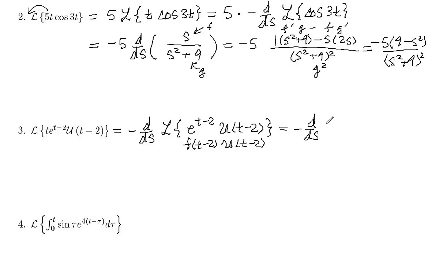And then we get a factor of e to the minus 2s, because a is equal to 2, and then the Laplace transform of the unshifted function. So our shifted function is e to the t minus 2.